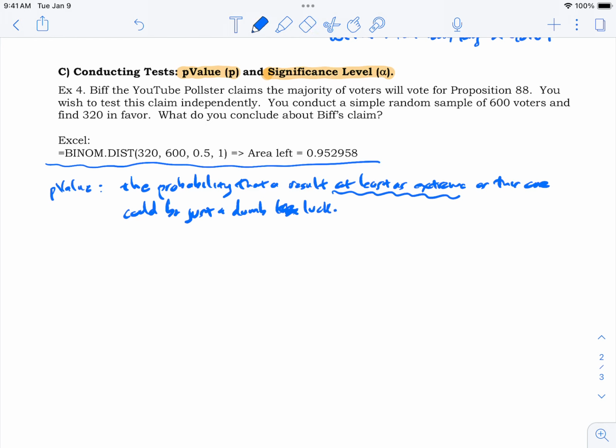And then the significance level. The significance level is basically your cutoff at which you will reject your H naught. So the significance level is the p-value below which we will reject our H naught.